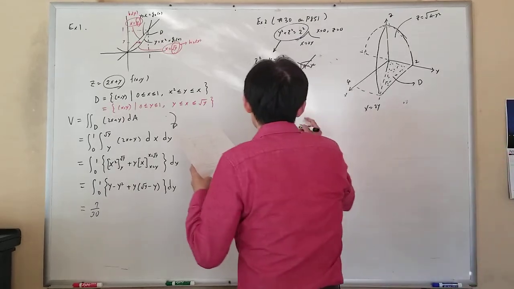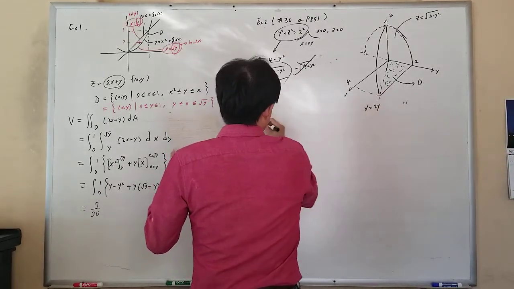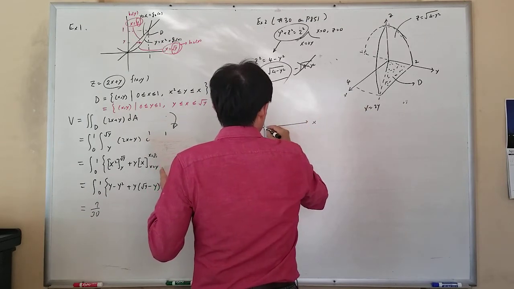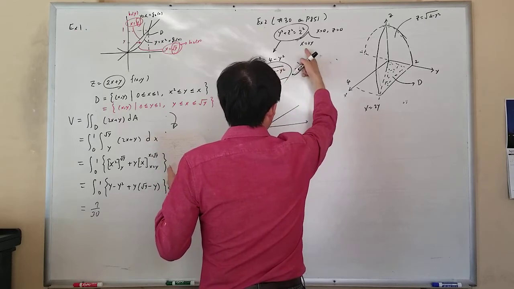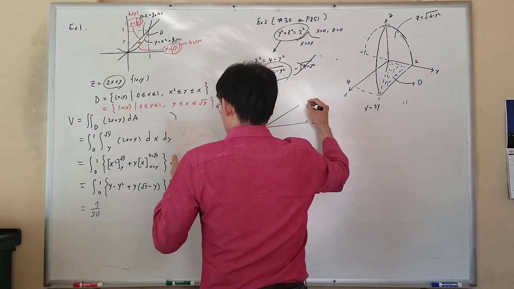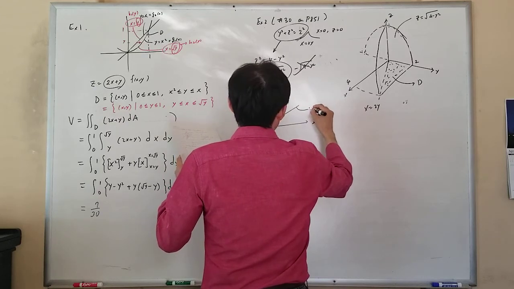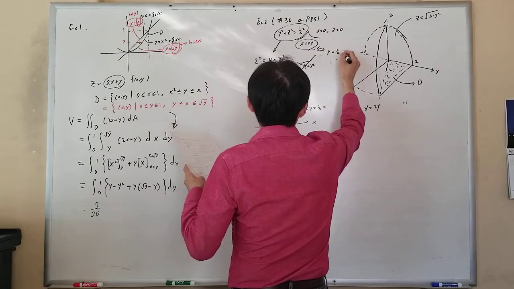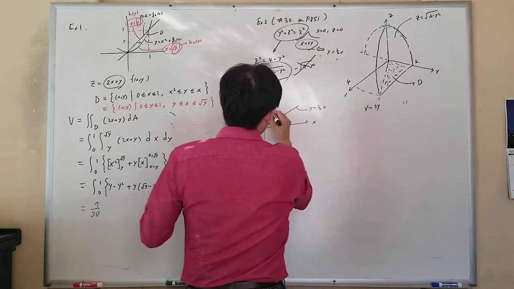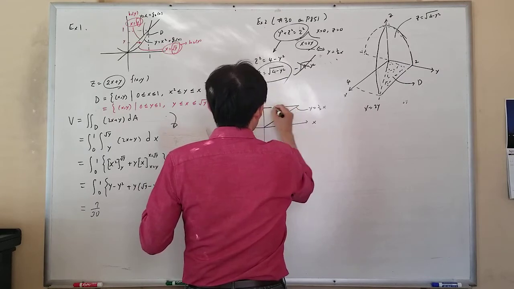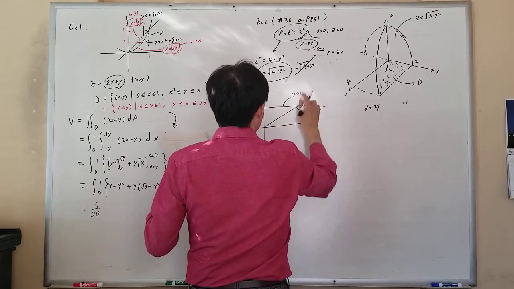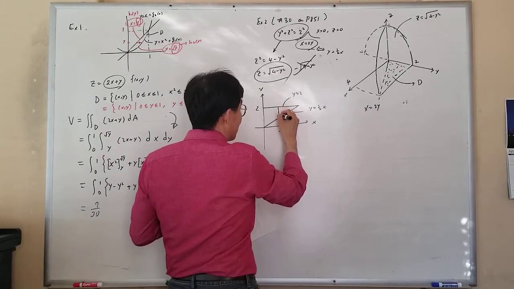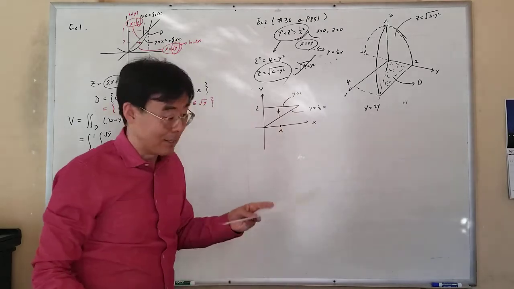So your domain, if you redraw it in regular XY orientation, this is x equals to y or y equals 1/2 of x, right? Same thing as y equals 1/2 of x. And y equals 2. For given x, we're going this direction, isn't it?